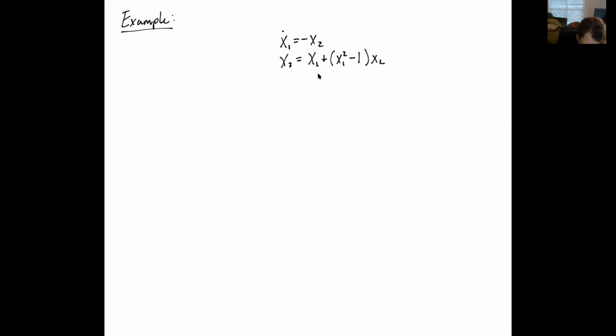And we want this to equal 0. So the determinant of this is lambda times lambda plus 1, plus 1. It's equal to 0. This is going to be lambda squared plus lambda plus 1 equal to 0.